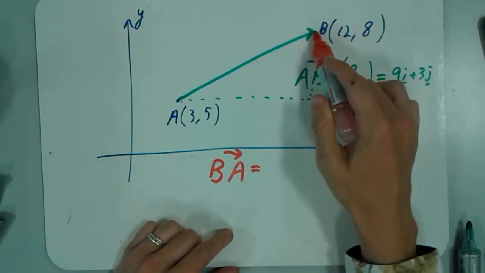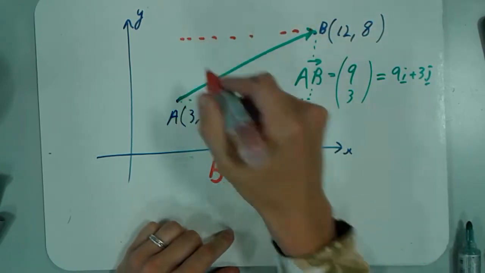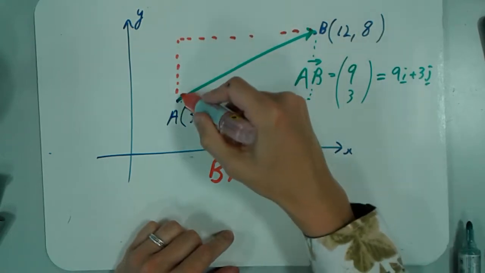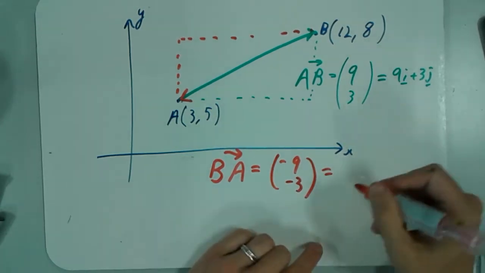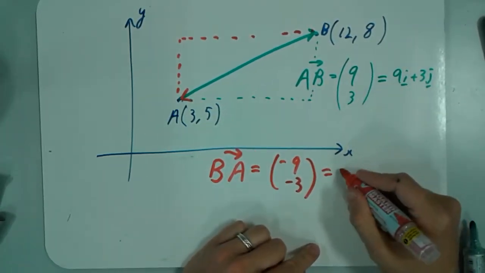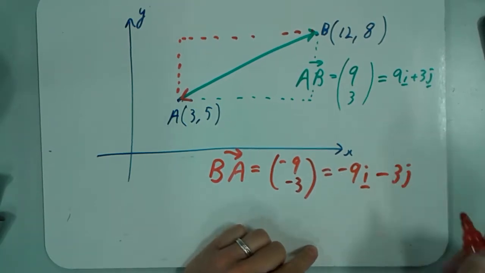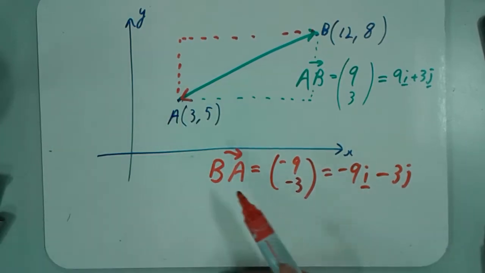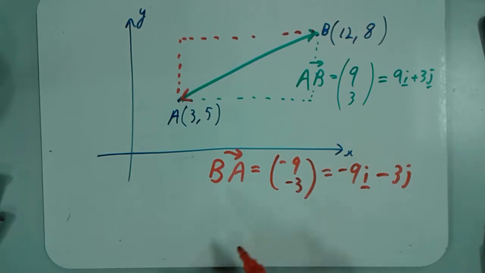That would be travelling from B to A. So in that case, we would be subtracting 9 and then subtracting 3 to move this way. And that would have, in i and j form, minus 9i minus 3j. So vectors are direction dependent. As long as we know the length of the vector and its direction, we fully know what that vector is.